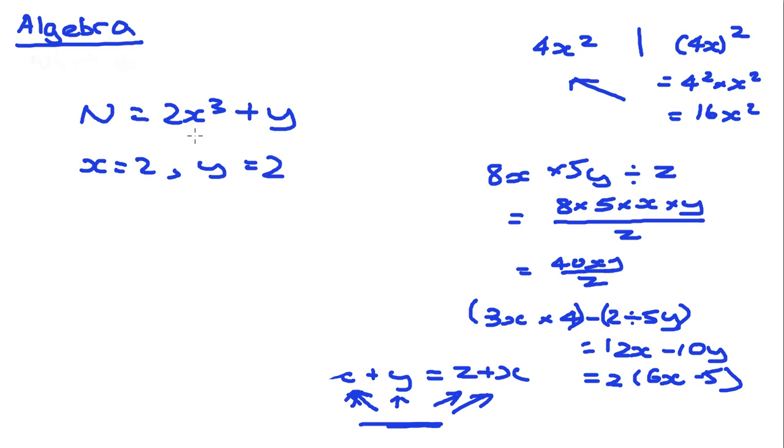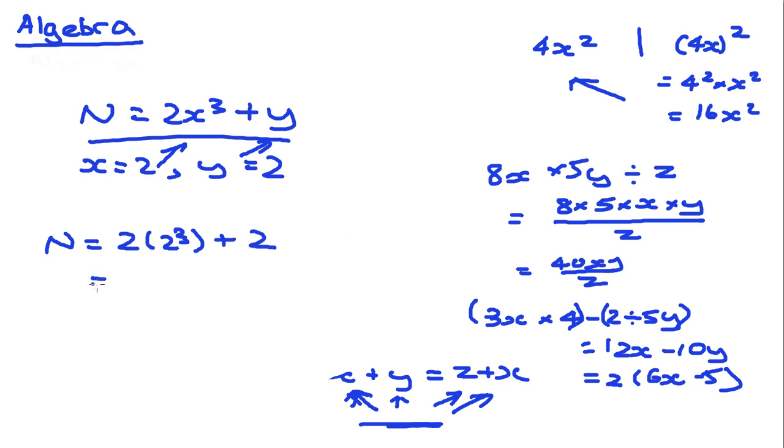Now that we have this equation, we can use a method called substitution and put x equals 2 and y equals 2 into the equation. So n equals 2 times 2 cubed plus 2. In this case it is 2 times 8 plus 2 equals 18. So n equals 18 when x equals 2 and y equals 2.